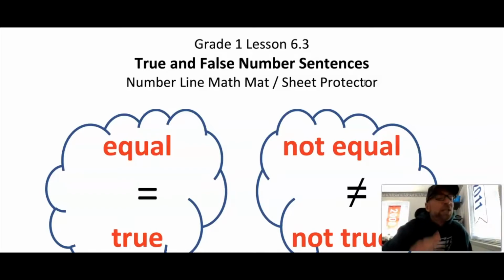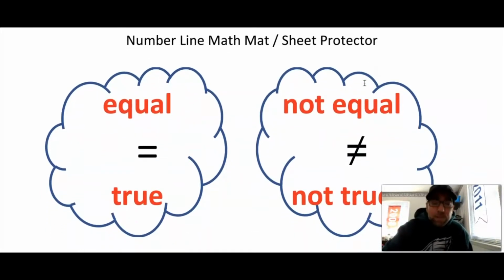So let's do just a little quick review here. There's a couple signs that we've learned in math. This little sign here is the equal sign. That means both of our sides have the same value. And when it's placed in a number model, that means the number model is true. Both sides are equal. Now, if we wanted to show that it was not true, it's not equal, what we do is we take that equal sign and we put a line through it.